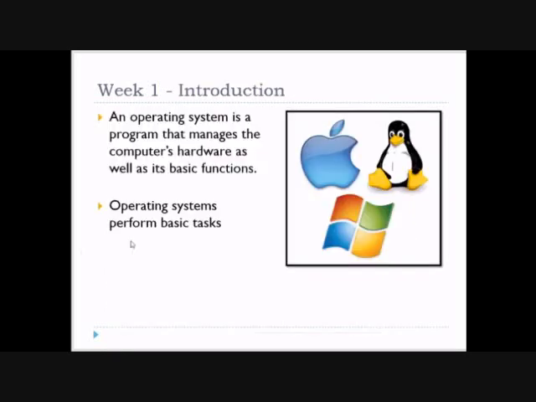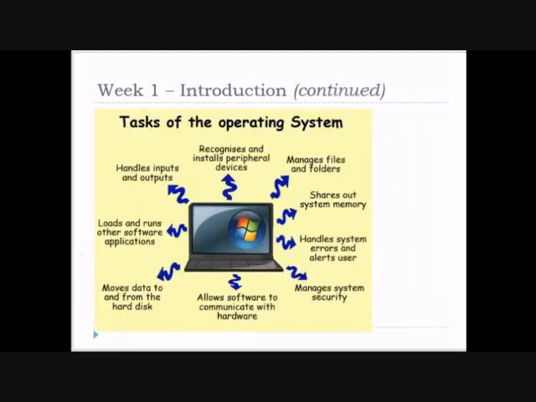Now we'll continue with an introduction. An operating system is a program that manages the computer's hardware as well as its basic functions. Operating systems at their core perform basic computer tasks. So what are some of these tasks? There's recognizing and installing peripheral devices, managing files and folders, sharing out of memory, handling error alerts, managing system security, and allowing software to communicate with the hardware.